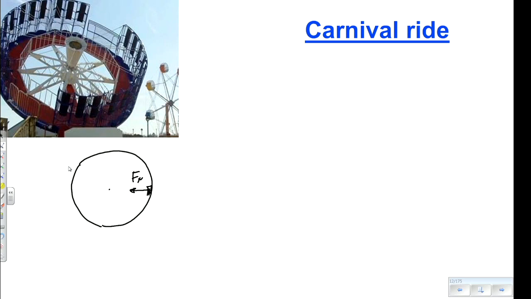So to see those forces, we can use a side view. Again, that's a snapshot. And the bucket and the center, that's the center of a circle. So this will be the normal force. This will be the force of gravity. And that will be the force of static friction. And again, like in a previous example, we can write the equation.